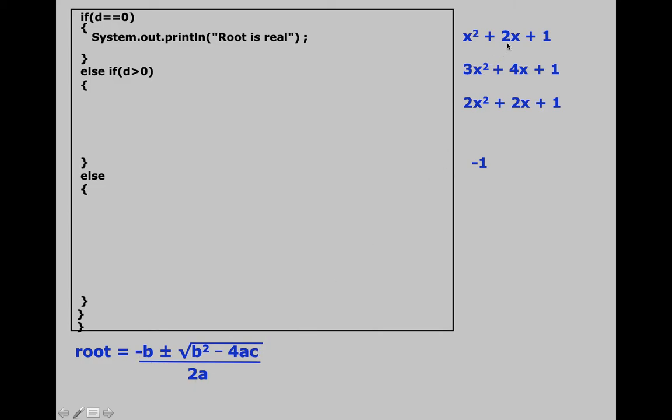So over here B is 2. So this will become minus 2 upon 2 into 1, which gives you minus 1. So I'll write one more SOP where I'll display the root. See this, root is, it is in double quotes, and outside the double quotes I wrote minus B upon 2A. Okay, I hope this is clear.